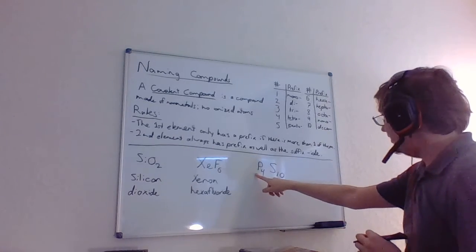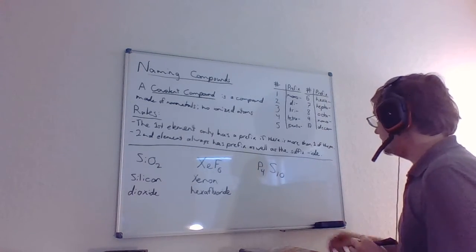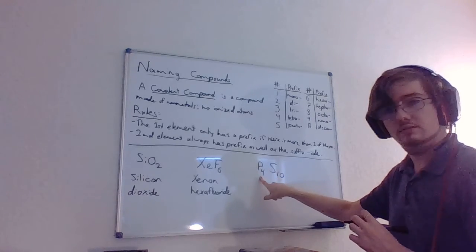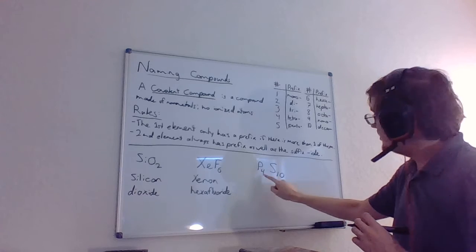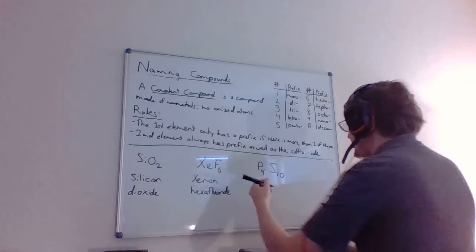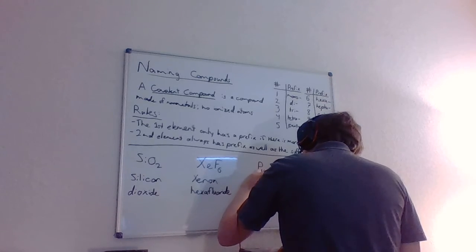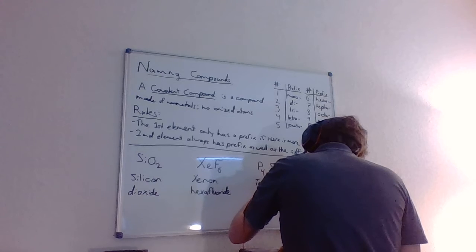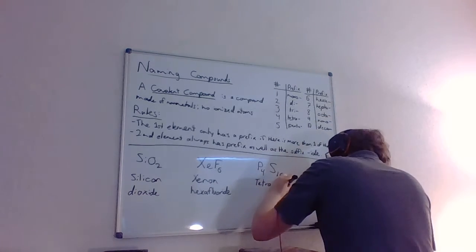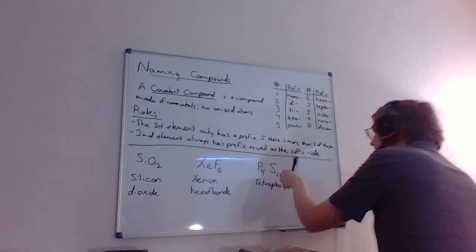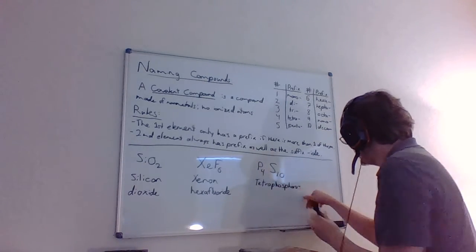As for P4S10, we see that the phosphorus does have a subscript now. So we look at the table, we see that 4 means tetra, so we'll start with tetraphosphorus. Then we move on to the sulfur.